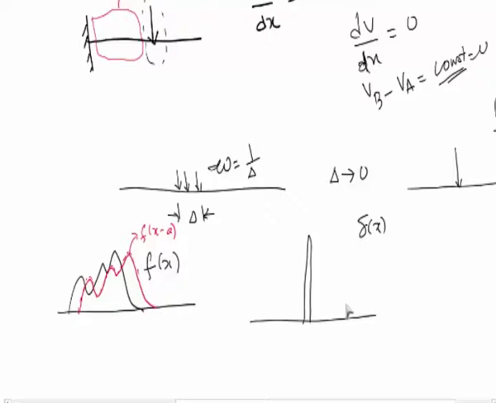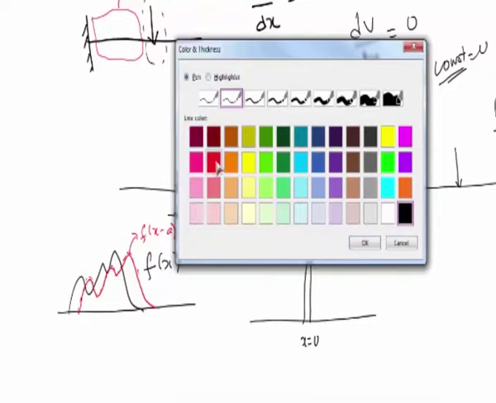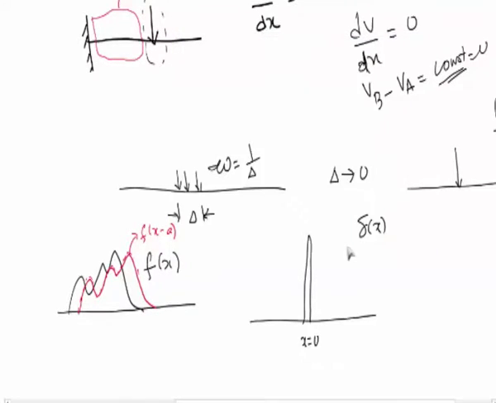If we want delta not at x equals 0, where this has something happening, delta of x minus a will be a shifted form of this function, the shift value being exactly equal to a. So delta of x minus a is the one that I am drawing in red. This is x equals a, right. So this is what I mean by delta of x minus a.